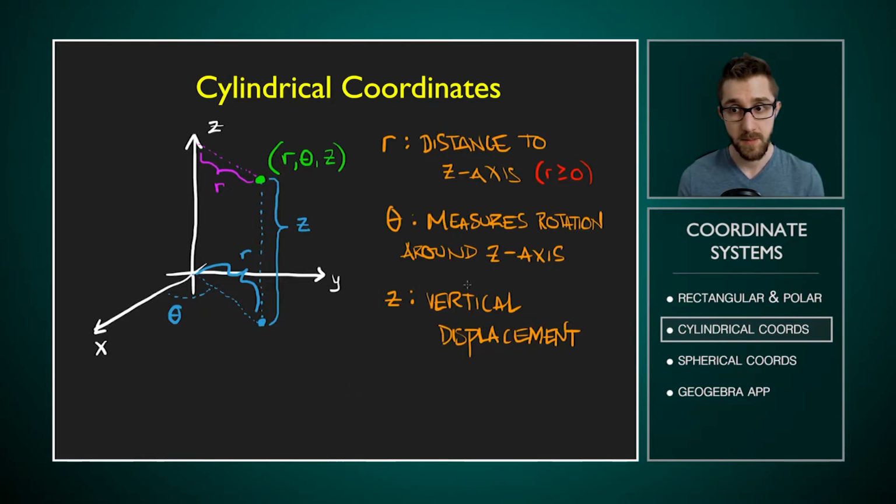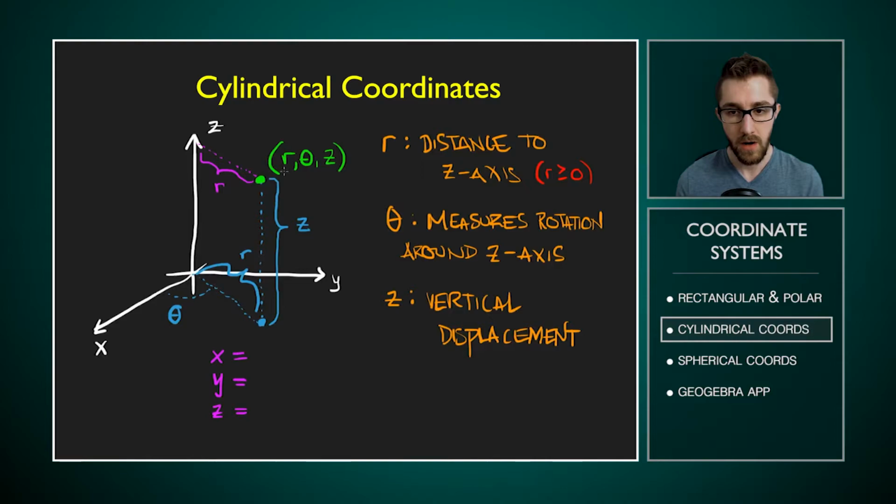All right, one last thing before we move on here. Just like before, we sometimes want to convert between different coordinate systems, meaning if we know the cylindrical coordinates r, theta, and z of a point, it will sometimes be useful to be able to figure out its x, y, and z coordinates. So just like we did for polar coordinates, and I'm not going to actually do this, I'm leaving this to you to figure out.